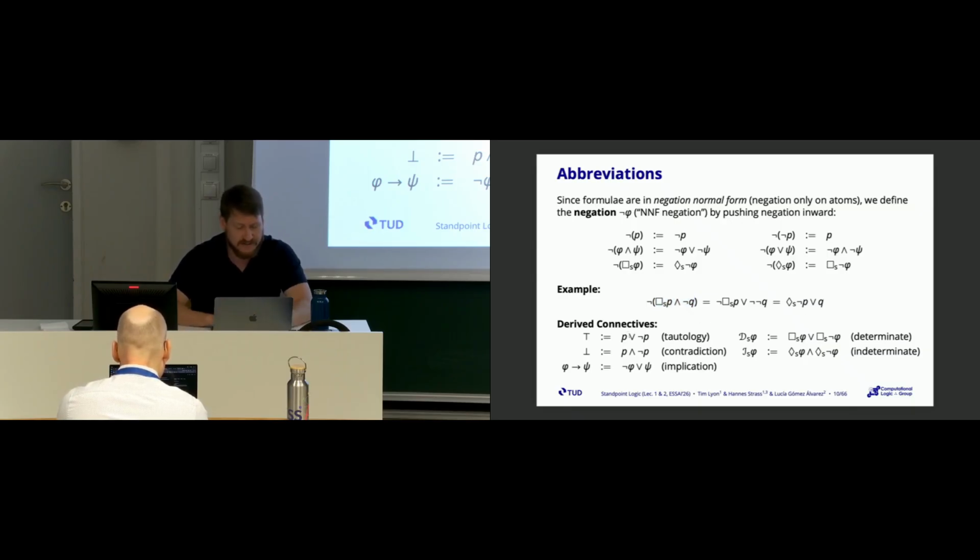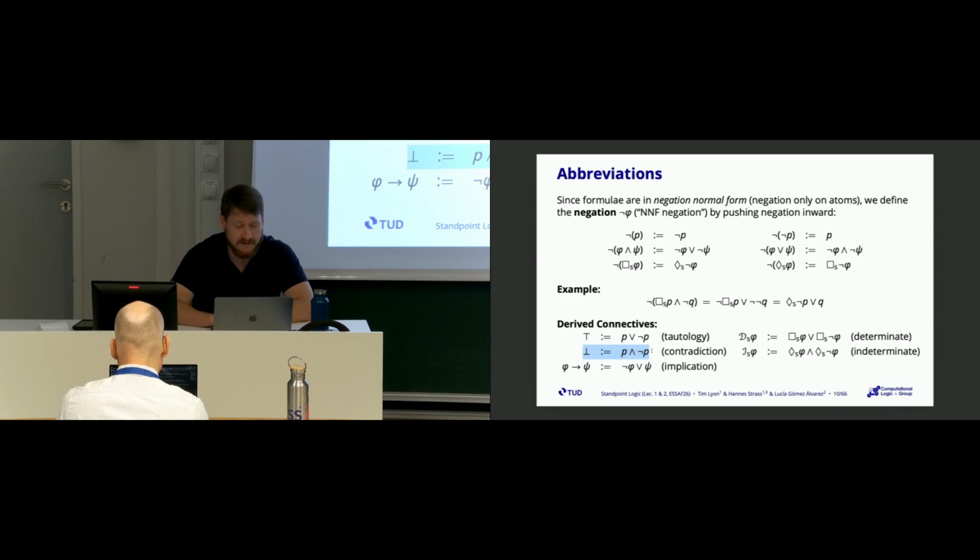Okay, there are other connectives that we're going to use throughout this course. For example, the top or verum connective, which just represents tautology, so something that's true. And we can fix a propositional atom P and disjoin it with its negated version to define it. We have falsum or bot, as it's also sometimes called, which represents logical contradiction.